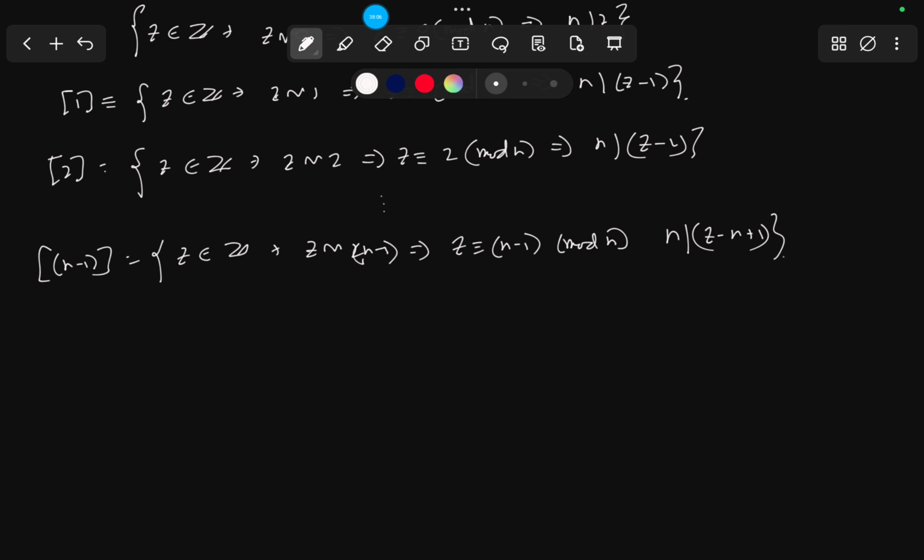So that's why we call this set of equivalence classes Z modulo nZ. Okay, and this is precisely the class of 0. You can write this as 0 bar. The equivalence class of 1, we write as 1 bar. So on, up to the equivalence class of n minus 1, which we write as n minus 1 bar.